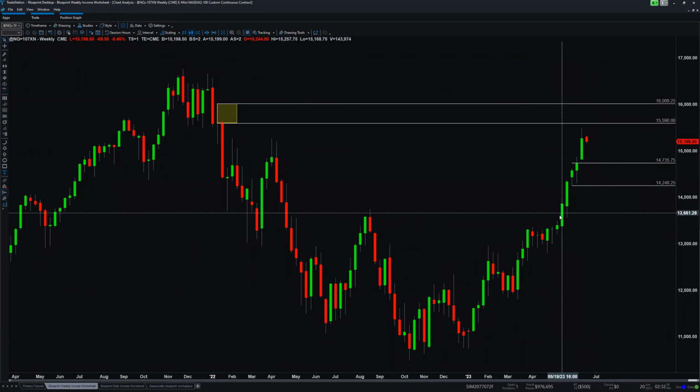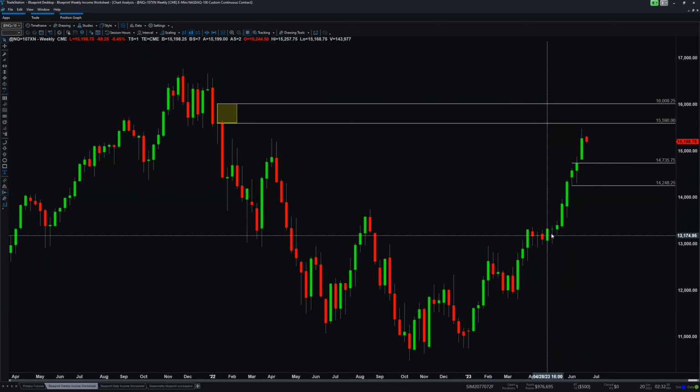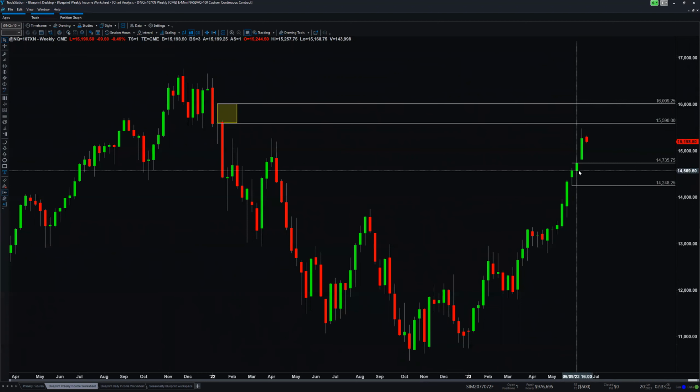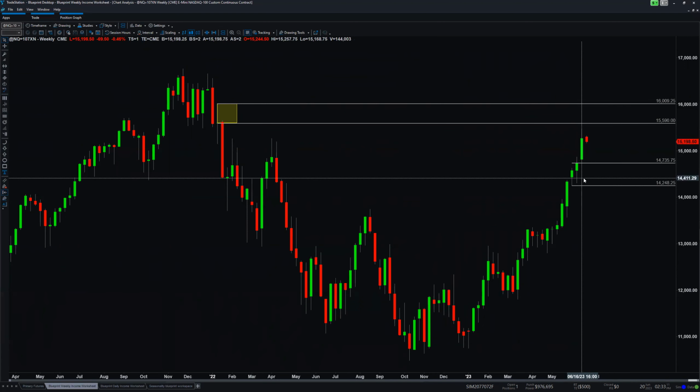Okay, so I've got a large leg up overall, a lot of green candles, and towards the end of that leg up, I've got two candles that may deceivingly look like basing candles, even though they may not be, because they're green, they have large bodies, and they look like they're towards the end of a rather larger move. So we can look at this, but we have to understand that this may be a speed bump. So let's just say this is a speed bump.